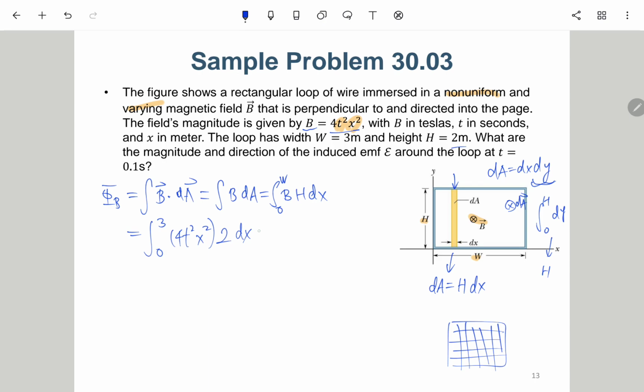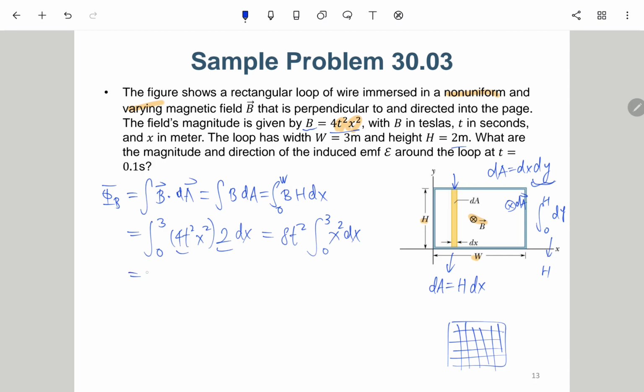Then we can move the terms that are not related to x to the front. Here we have 8t squared, which is not related to x, and then we have the integration of x squared dx from 0 to 3.